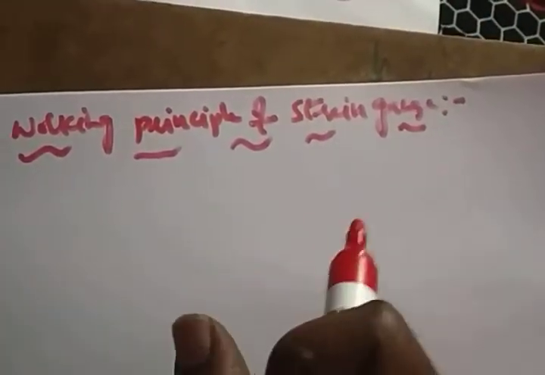Right? So you can measure your resistance with the help of a Wheatstone bridge, or whatever indicating meters you have. You can convert the change in resistance into voltage. So how the voltage came depends on how much stress you applied.